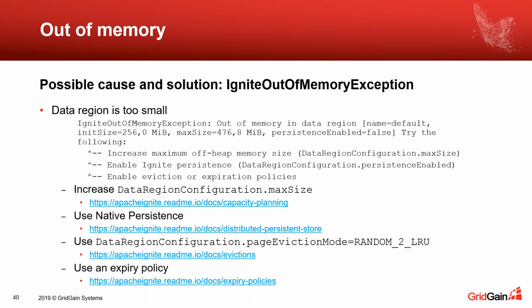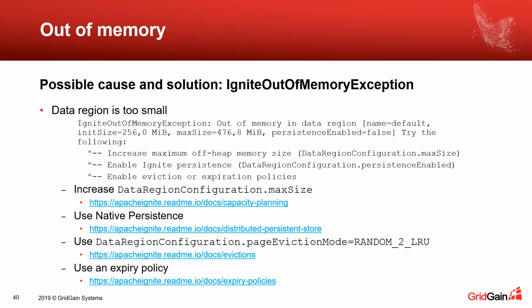So first, you can just increase the amount of off-heap memory that is available to your caches. You can also use Ignite's native persistence, because if you use native persistence, meaning you use disk as well as RAM, excessive data will just be swapped to the disk, and you will never get this out of memory exception.